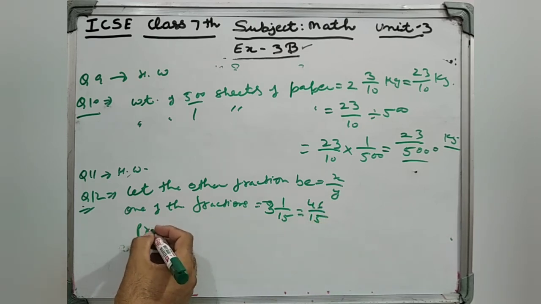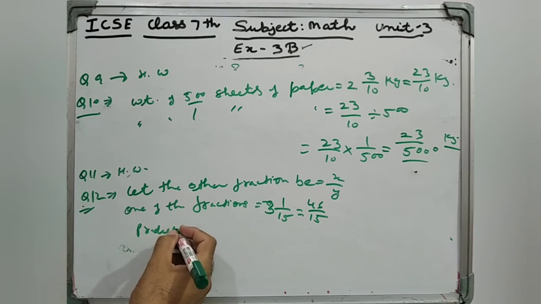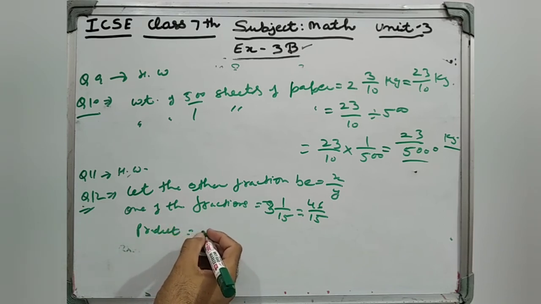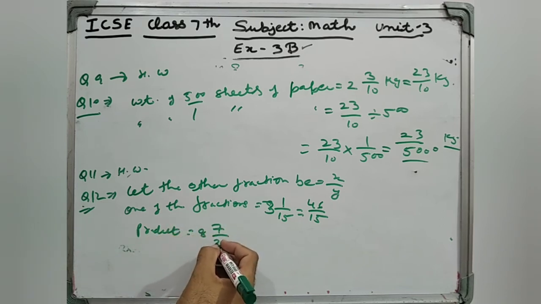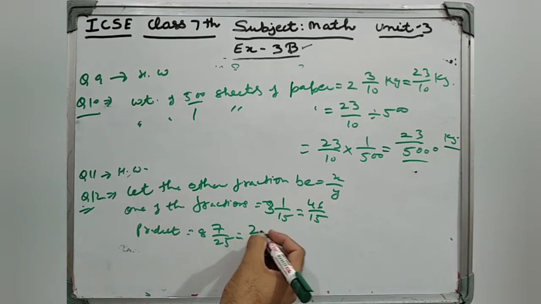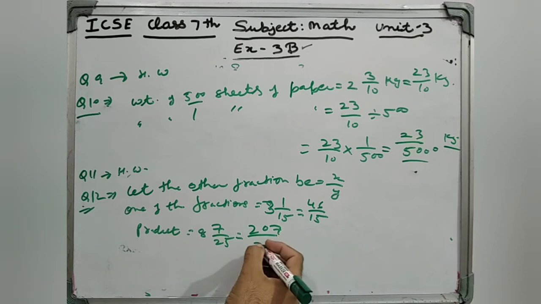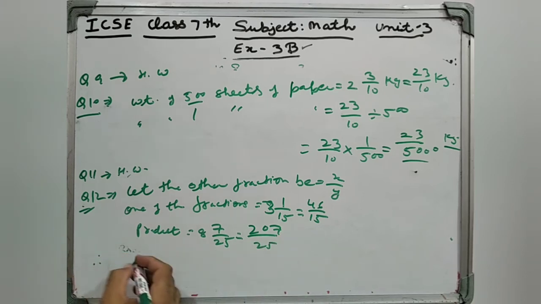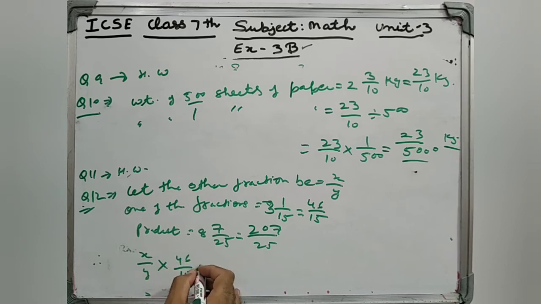Okay, their product is 8 7 upon 25. 25 8s are 200 plus 7 is 207 upon 25. Therefore the question is this: x upon y multiplied by 46 upon 15 will give us 207 upon 25. The question has become this.